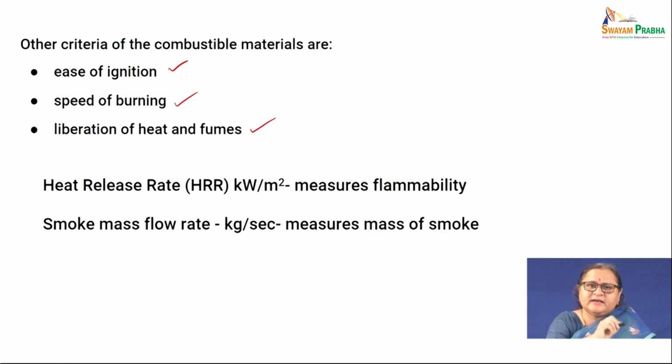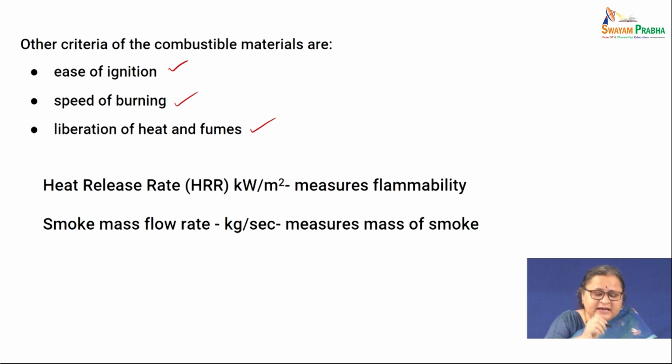So, not only the calorific value, but the ease of ignition, how speedily it will start the burning process, and how the heat and the fumes, that means the gases or the smoke, will be liberated, are also important criteria of the combustible material.